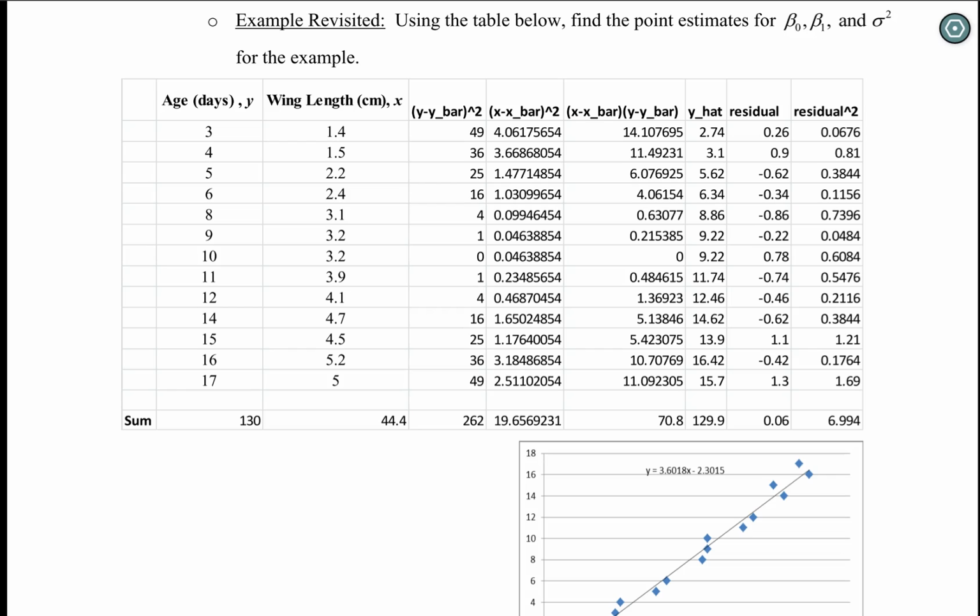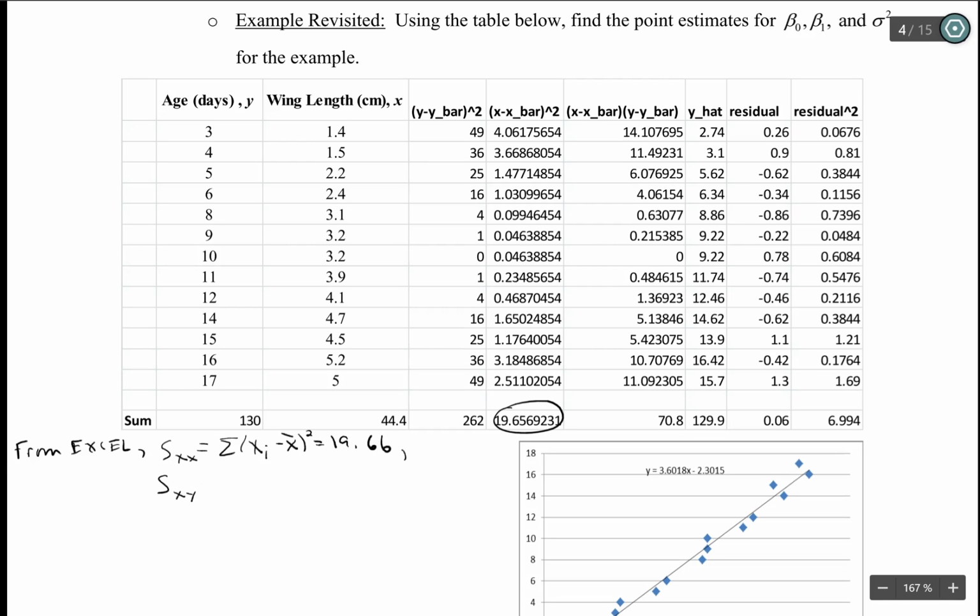So let's see, what do I have just to be complete from Excel? We have the following: the sum of the squared deviations in x, that is this quantity here, is given by 19.66. Also, the sum of the cross deviations, or the sum of the x deviations times the y deviations, is 70.8.